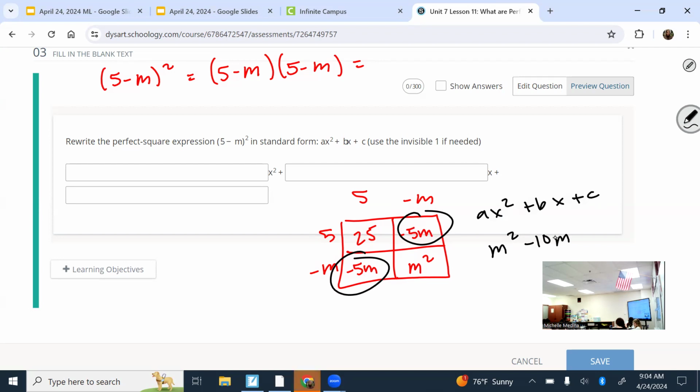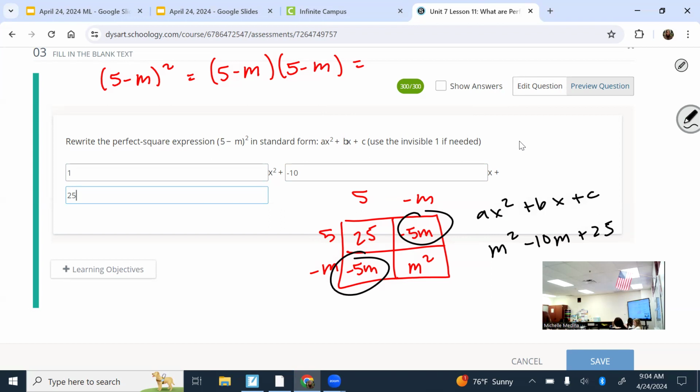So negative 10m, and then we have plus 25. For some reason they use x's, so just translate the difference there. The coefficient in front of the m squared is 1, and you can't just leave it blank. The coefficient in front of the x term is negative 10, and then my constant is 25. They should have used m's, but it's fine. You can figure out what they mean.